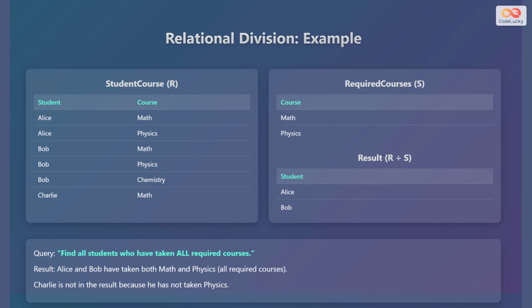In this case, Alice and Bob have taken both math and physics, which are the required courses. Therefore, the result of the division operation, that is R divided by S, includes Alice and Bob. Charlie is not included in the result because he has not taken physics. So, the query here is to find all students who have taken all required courses.